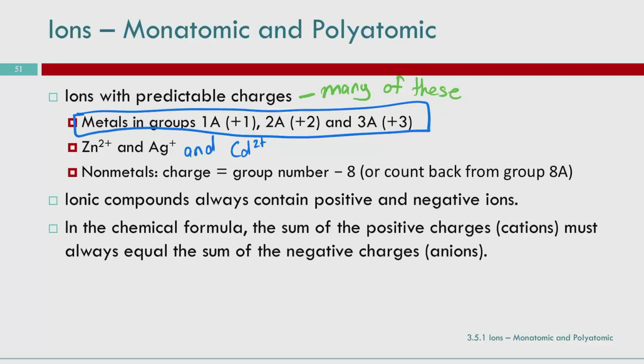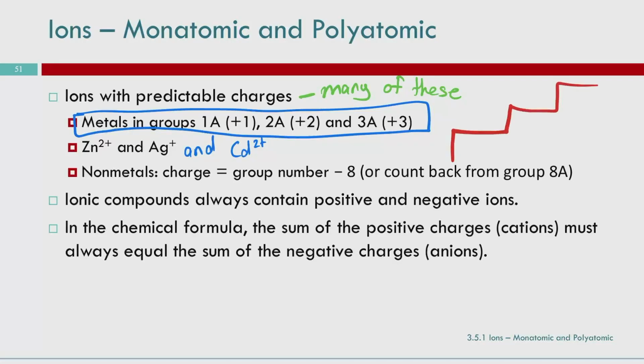The way that I like to remember them is if we remember that aluminum is a 3 plus charge, it's in 3A. If we look at aluminum, zinc, and silver like a little staircase, aluminum is 3 plus. If you step down 1 stair, you're at zinc. You lost 1, so it's a 2 plus. You step down 1 more to silver, silver is plus. And cadmium is also under zinc, so it's a 2 plus.